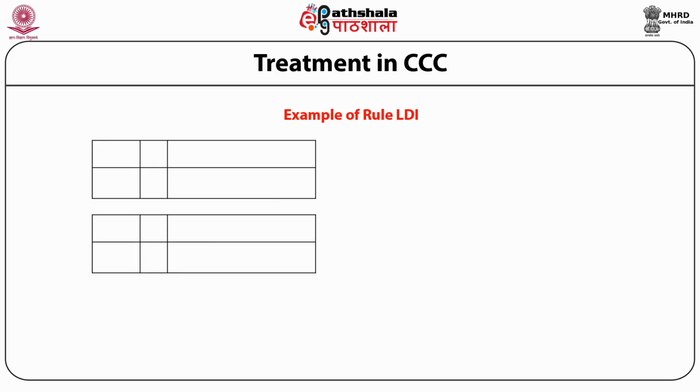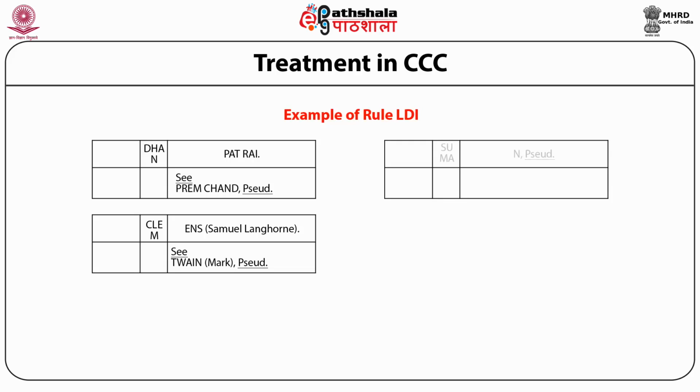In first and second entries, real names of the author is given in leading section and pseudonym is recorded as referred to heading. In third entry, pseudonym is recorded in leading section and real name is recorded in referred to heading as pseudonym is added with real name in subordinated manner. For example, Shiv Mangal Singh Suman.